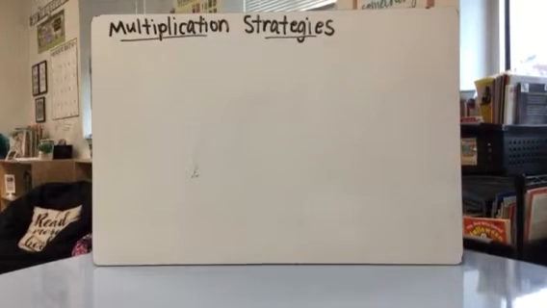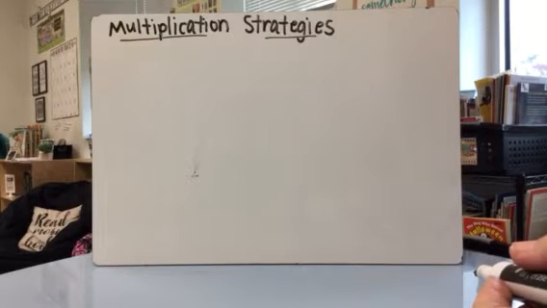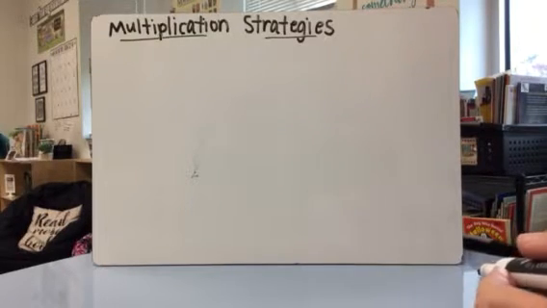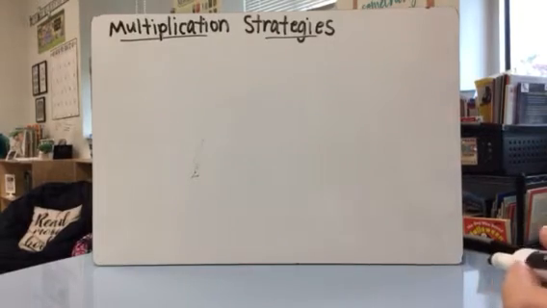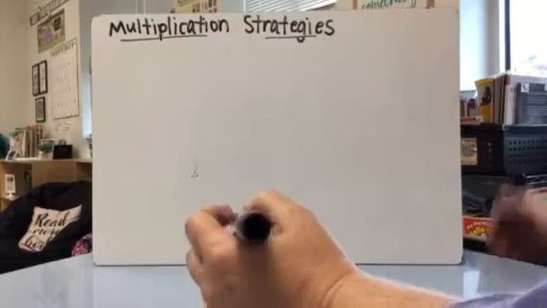Today we're going to be talking about multiplication strategies for multi-digit numbers, and we're going to be learning about 3 different strategies that we have gone over here at school and that students should be familiar and comfortable using. The first strategy that we're going to do is called the area model strategy.